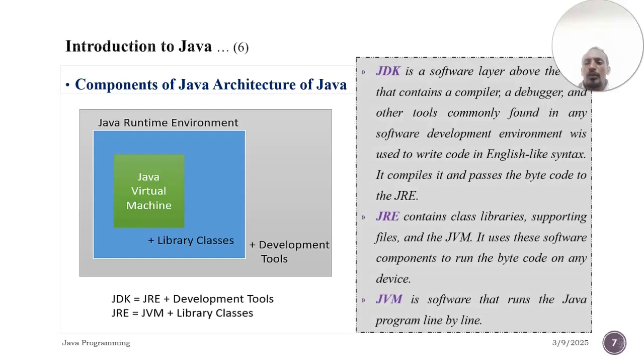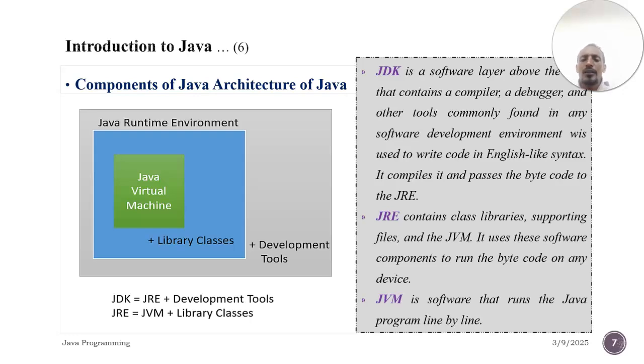JDK is a software layer above JRE that contains a compiler, a debugger, and other tools commonly found in software development environments that are used to write code in English-like syntax. It compiles and passes the bytecode into the Java runtime environment to be executed.